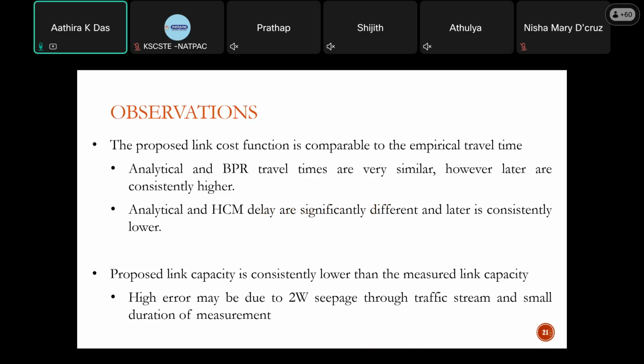However, the intersection delays are not comparable, and analytical and HCM delay are significantly different. And in case of proposed link capacity, it is consistently lower than the measured link capacity, and high error may be due to two-wheeler seepage and the small link length that was considered and small duration of the measurement.